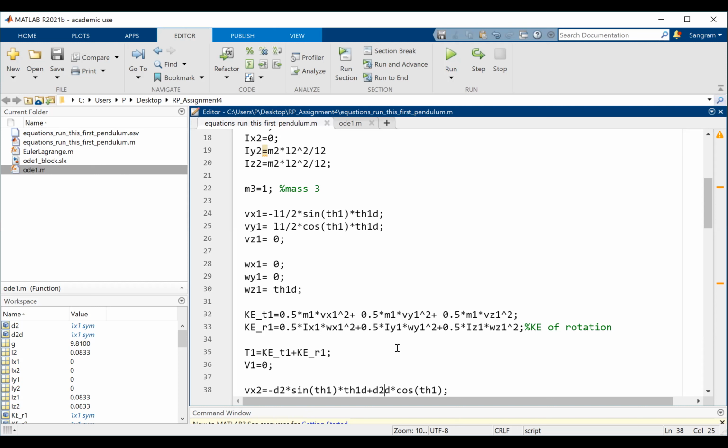Then on line number 33, this is the kinetic energy of rotation. Please understand, for the kinetic energy of rotation, Ix1 is different than Iy1 is different than Iz1. So I need to specify half Ix1 omega x1 square, plus half Iy1 omega y1 square, plus half Iz1 omega z1 square, which is this expression.